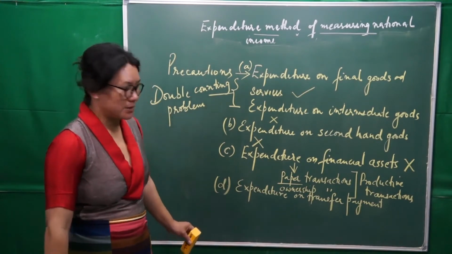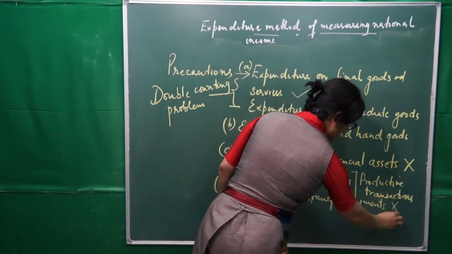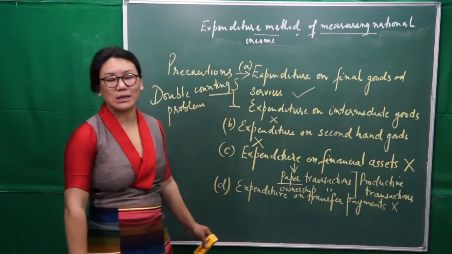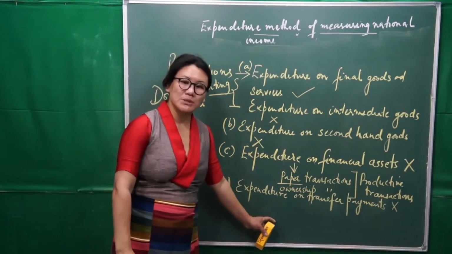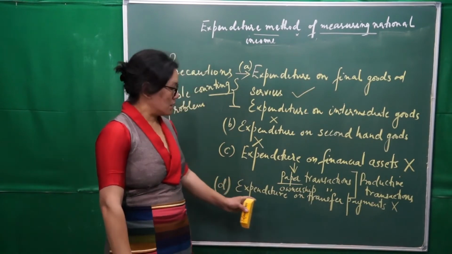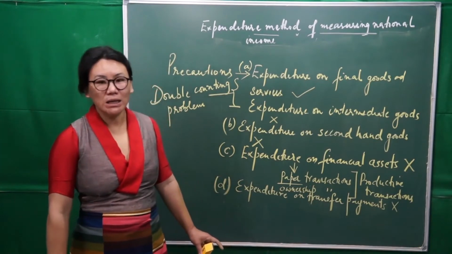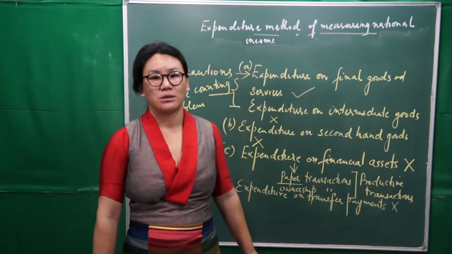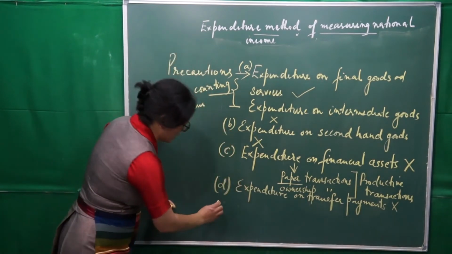Expenditure on transfer payments are also not included. Why is it not included? Because again, production activity is not taking place. This is just an unearned money, right?